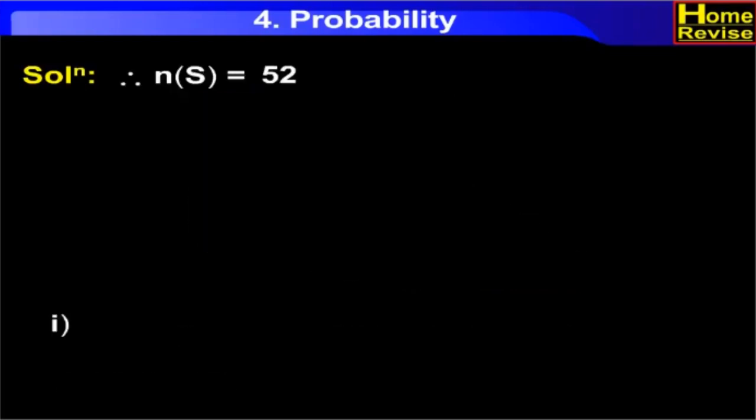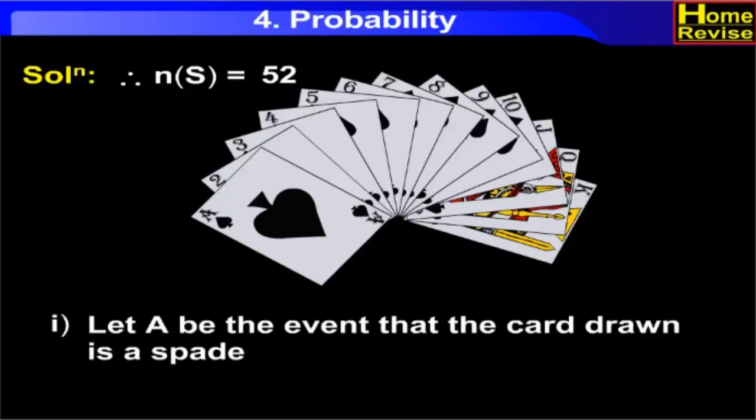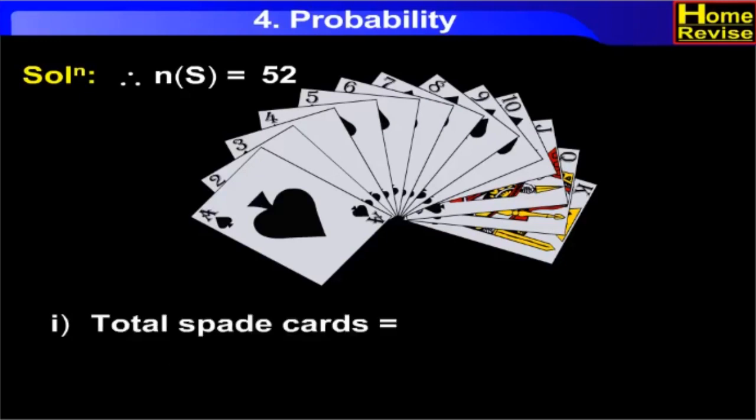Number 1. Let A be the event that the card drawn is a spade. We know that total number of spade cards in a pack is equal to 13. Therefore, n(A) is equal to 13.